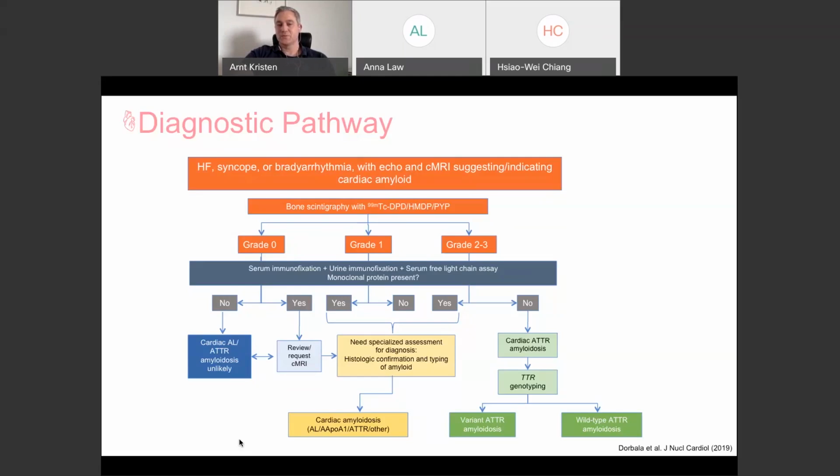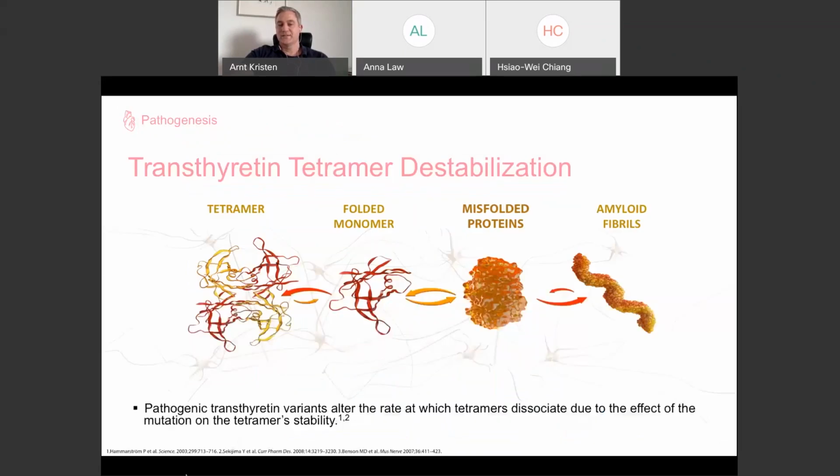The TTR protein consists of 4 monomers in the physiologically active form, and these monomers have a high rate of beta structure, and if this tetramer dissociates into monomers, there is a high potential to build amyloid fibrils.